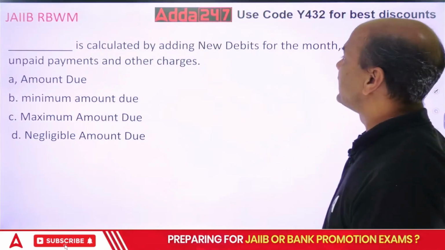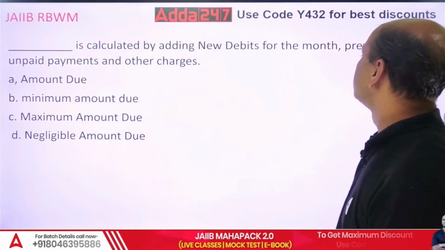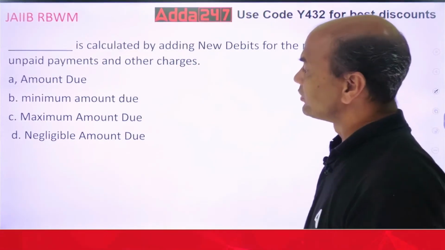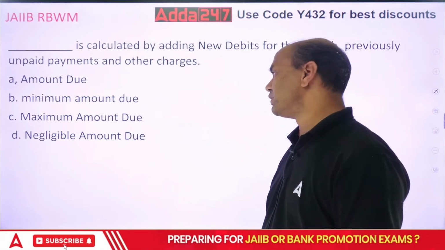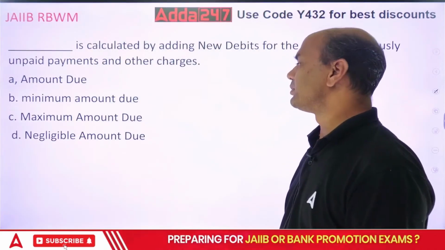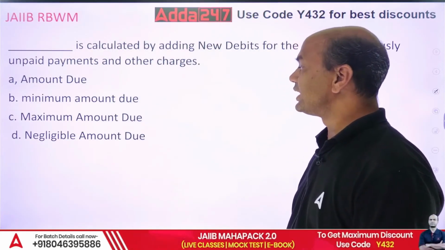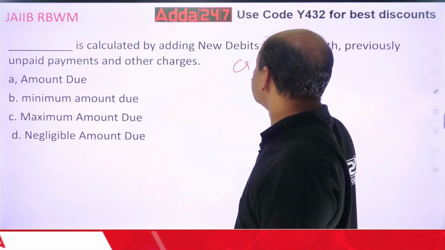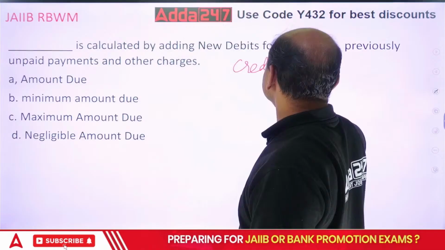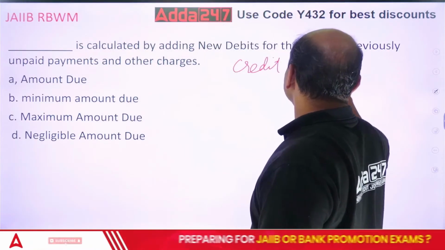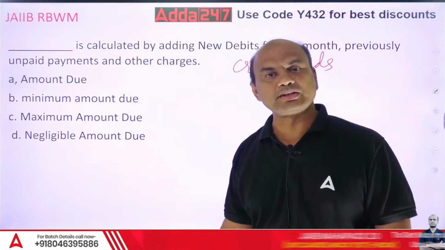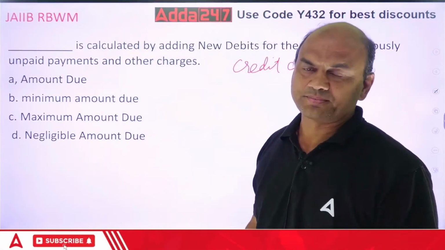Dues are calculated by adding new debits for the month, previously unpaid payments and other charges. Amount due, maximum amount due, minimum amount due, and negligible amount due. Means this is basically for credit cards. In credit cards, we always have this concept.